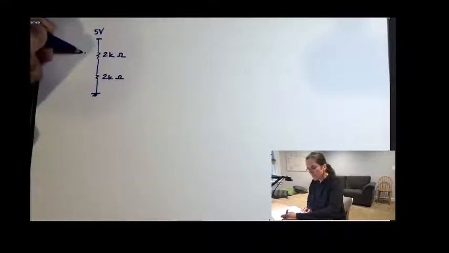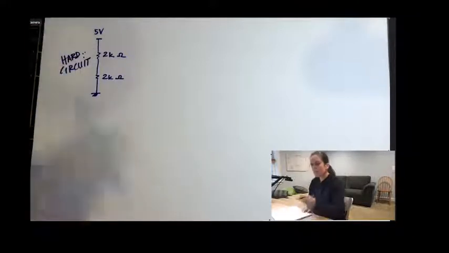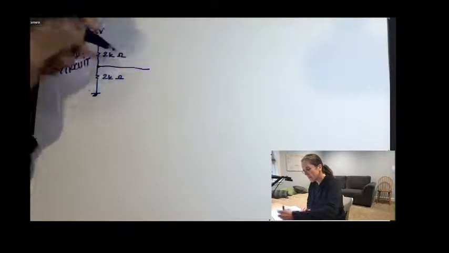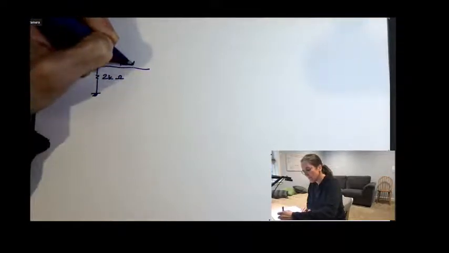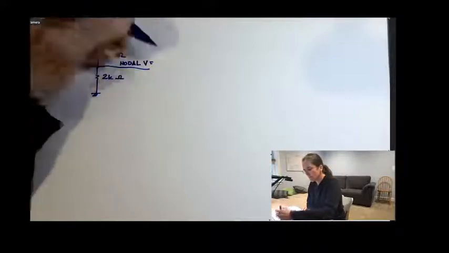But it could be a super hard, complex circuit on this side. But I want to make it the simplest possible one to show you what happens. This nodal voltage here is 2.5 volts, right?